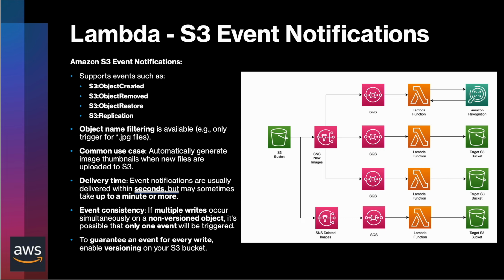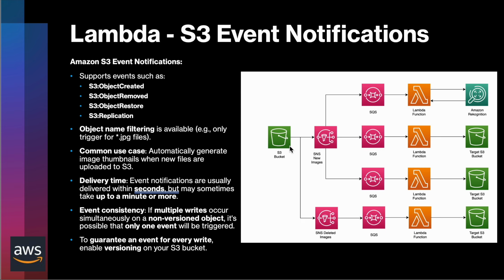Okay, so here is a simple explanation of S3 event notification. In this diagram we have the S3 bucket, and this S3 bucket is sending a simple notification, an email, whenever a new image has been uploaded to the S3 bucket. That event is sent to SNS, the Simple Notification Service, saying a new image has been uploaded.